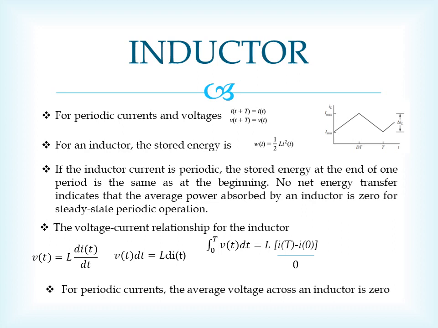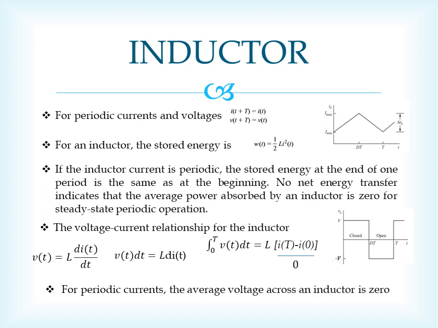From this relationship I can conclude that the integral from 0 to T of v(t), the instantaneous value of voltage integrated over one time period, is nothing but the average value of the voltage. This is also 0.